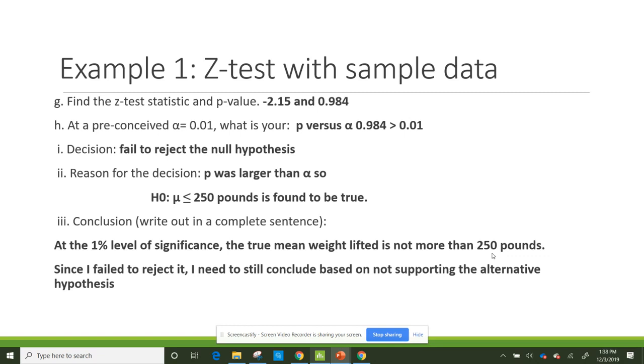Because remember, my alternative hypothesis is what I was talking about when I began. I wanted to know if they could bench press more than 250 pounds. Because I failed to reject the null, I found that it is not true and they cannot bench press more than 250 pounds. Again, you've got to look at what the problem's asking before you conclude it to make sure that you're doing the proper conclusion.